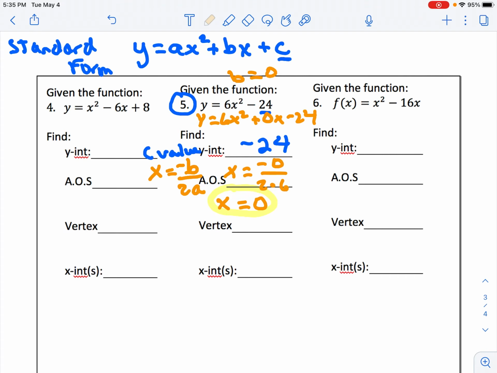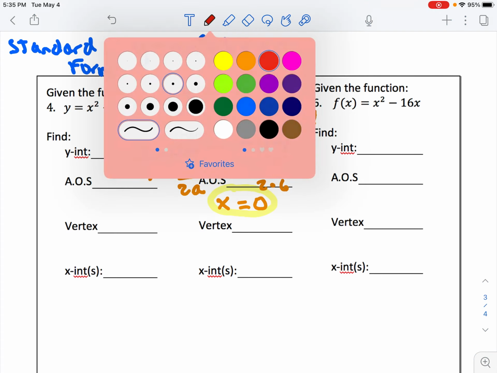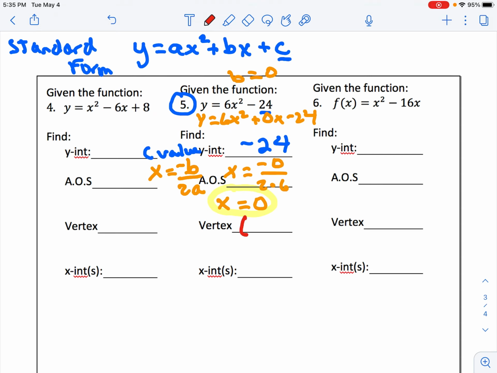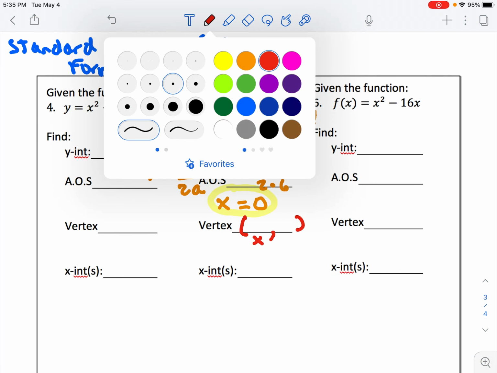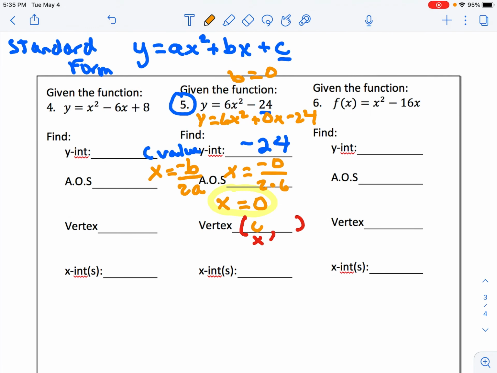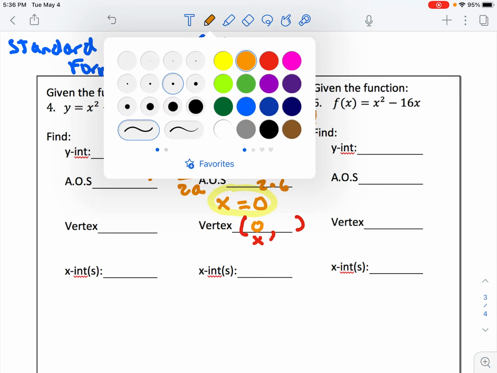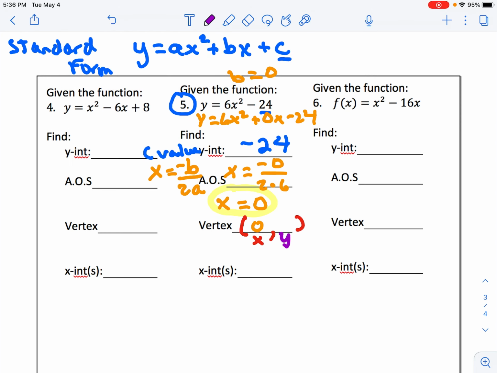Now, the axis of symmetry goes through the vertex. So the x value of the vertex is the same x value as the axis of symmetry. So I know the vertex is 0 something. So to find that y value of the vertex, I'm going to plug x into the equation to find the y value.